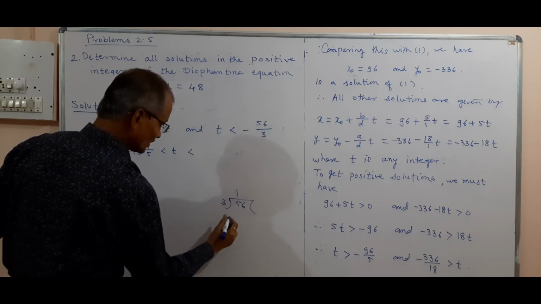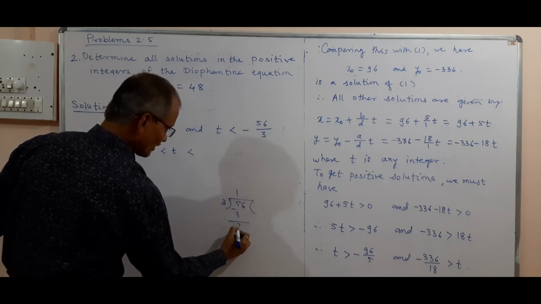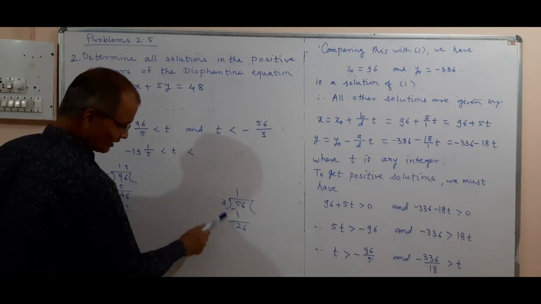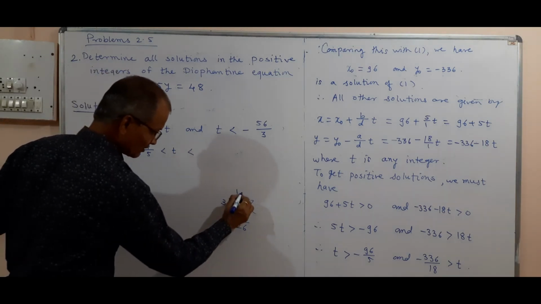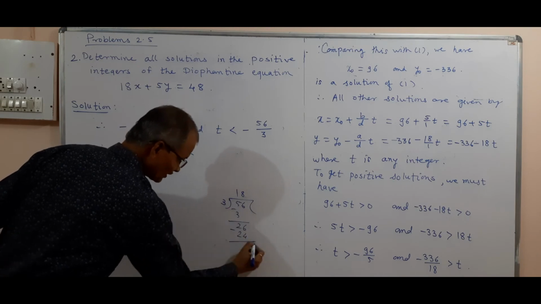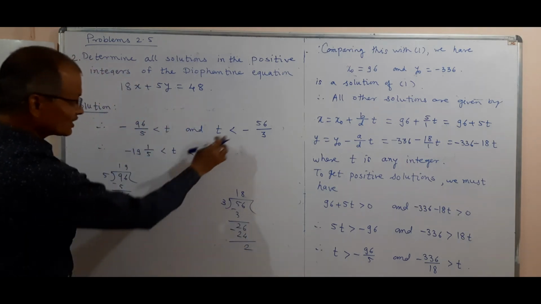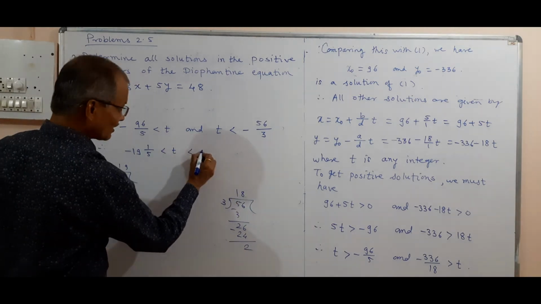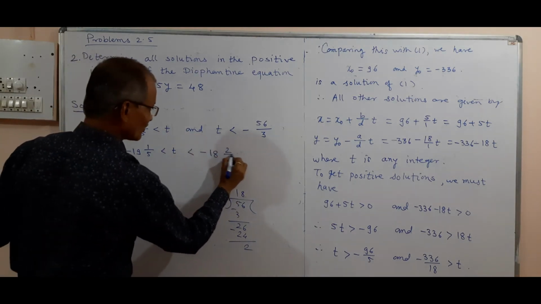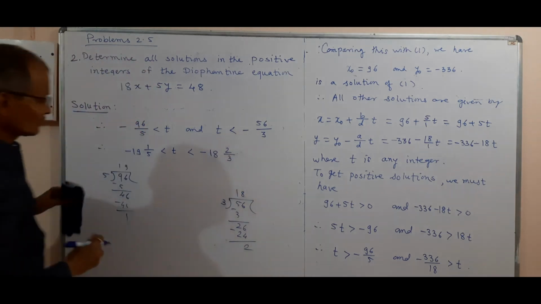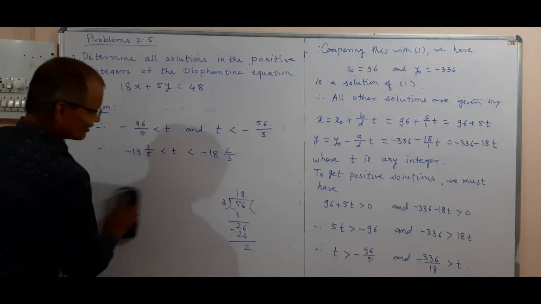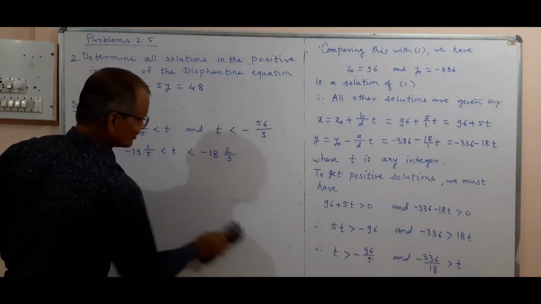Dividing, the quotient is 18 and the remainder is 2. So this number is 18 2 by 3. So t lies between minus 19 1 by 5 and 18 2 by 3.